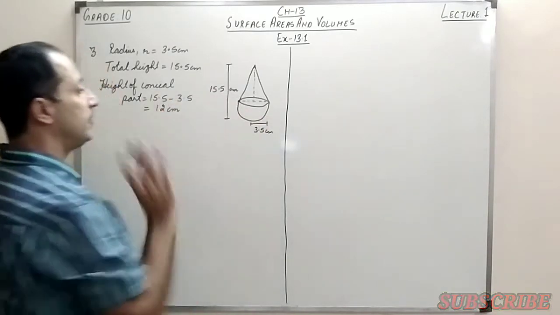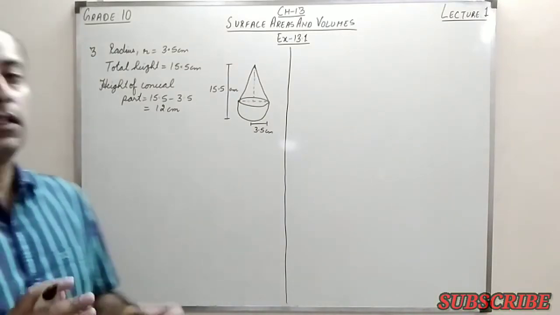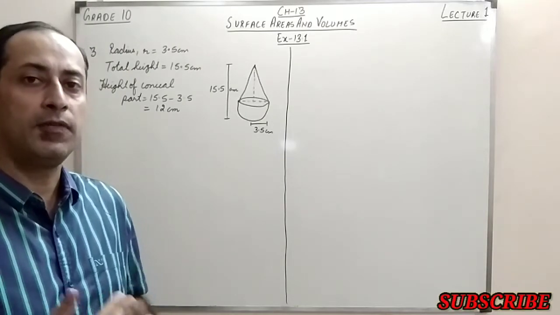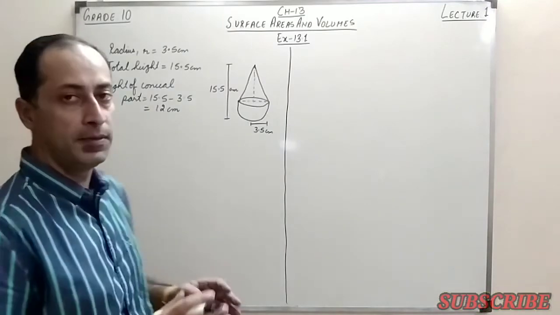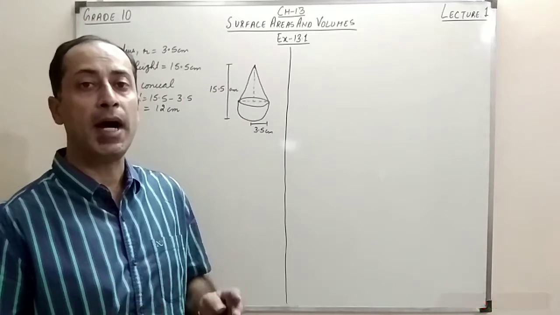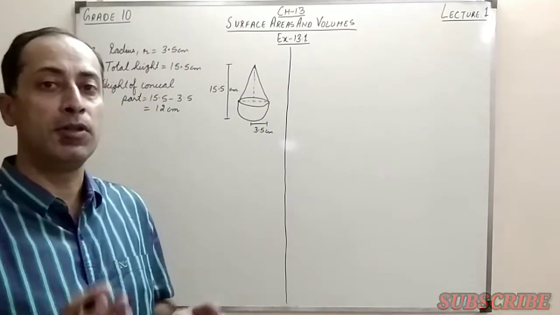Now what? To find the total surface area of this toy, what is required? We need to find the curved surface area of the cone and the curved surface area of the hemisphere, right? Now the formula to find the curved surface area of a cone is pi r L, and L here is the slant height, which is not given to us.